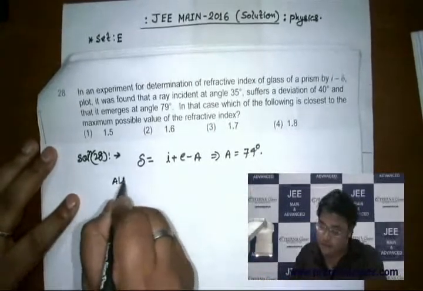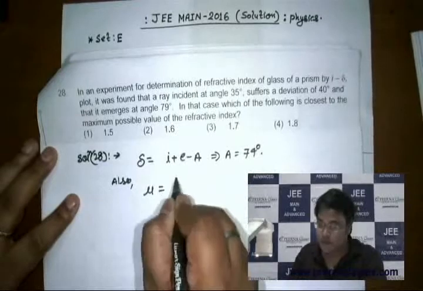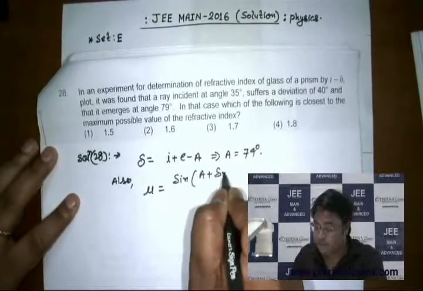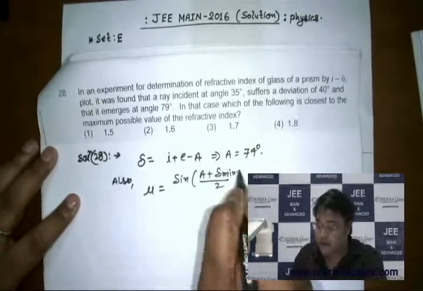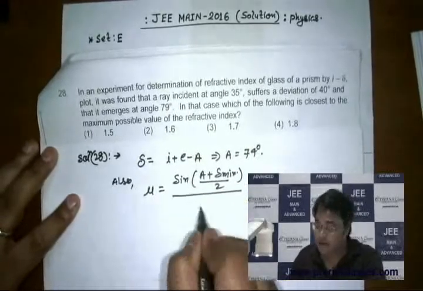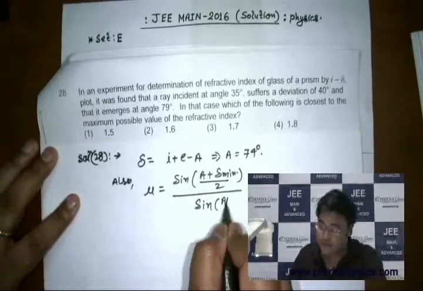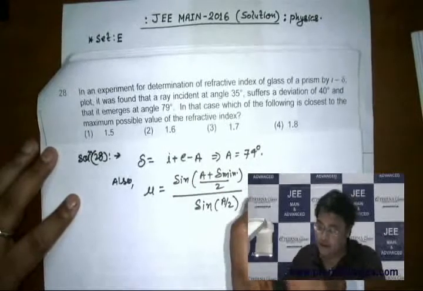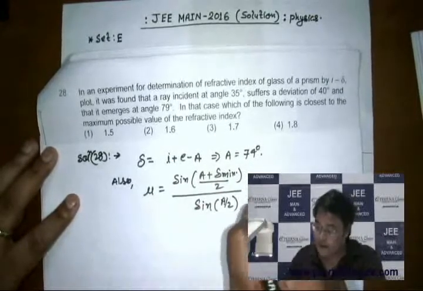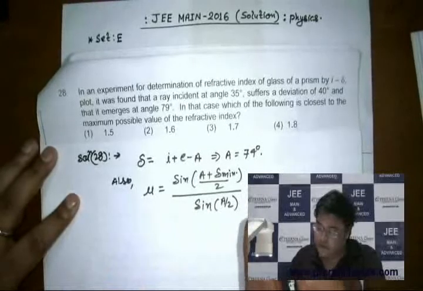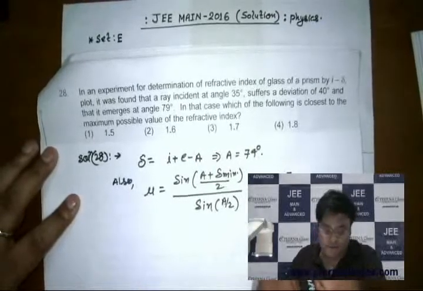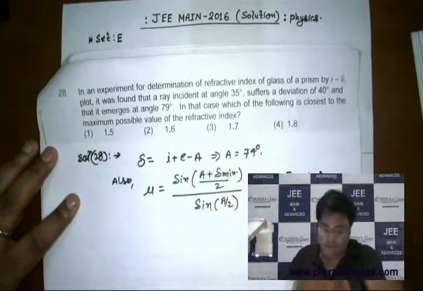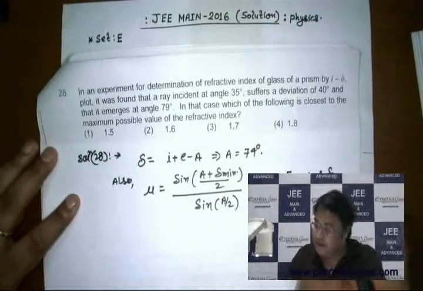Also we have mu equals sine of (A plus delta minimum) by 2 divided by sine of A by 2. A we have 74, and mu is to be obtained, that implies mu equals 5 by 3 sine of (37 plus delta minimum by 2).